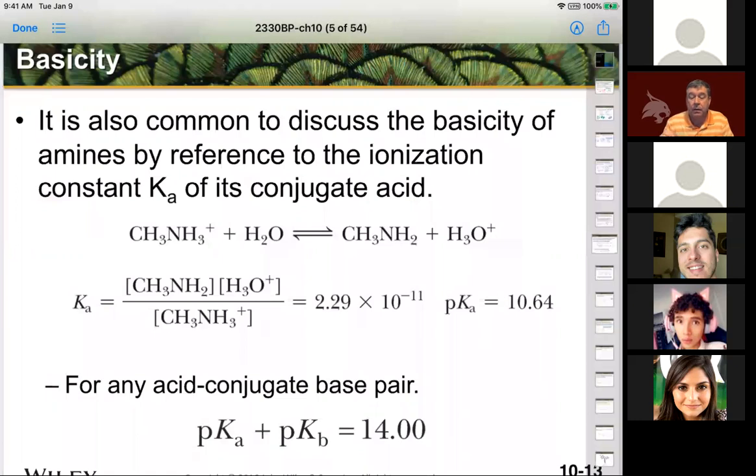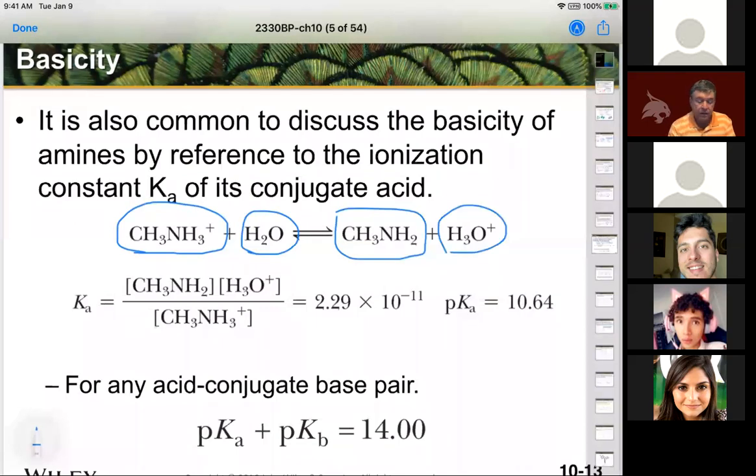So even if you don't have a pKb scale, you can calculate out what the pKa of that particular compound is. Okay, so in this case here, if we took this right here and we had our conjugate acid in the presence of water, and we made our base and our conjugate acid here. Notice water is not on the bottom here. When you have something dissolved in water, you typically remove it from the equilibrium constant.